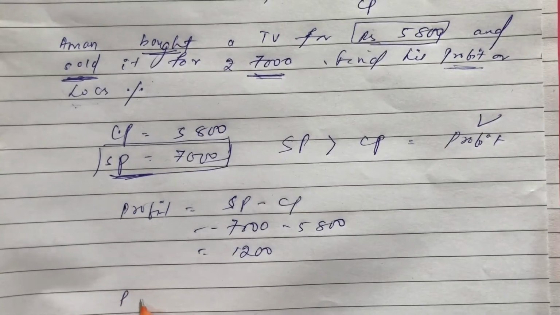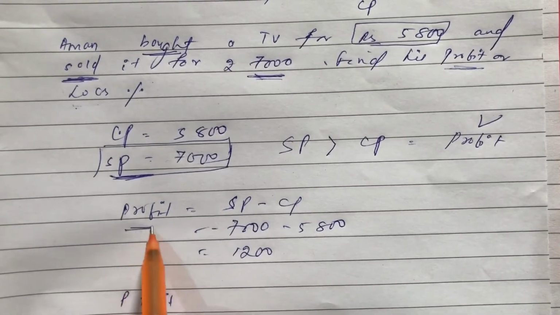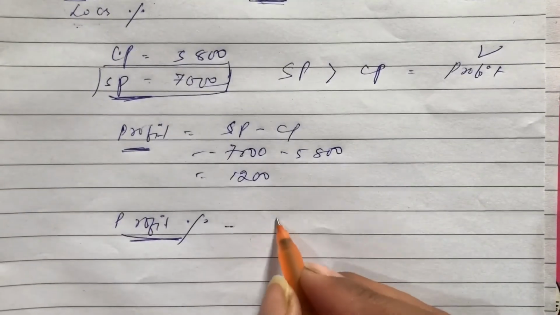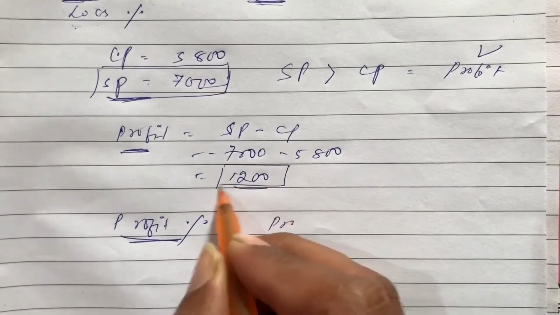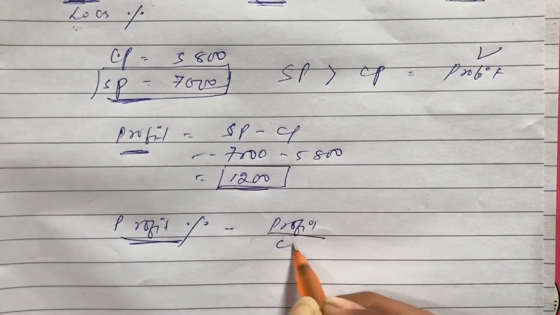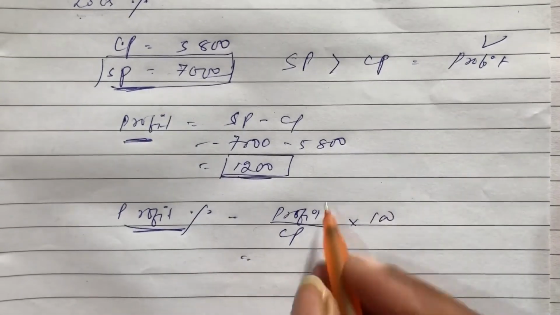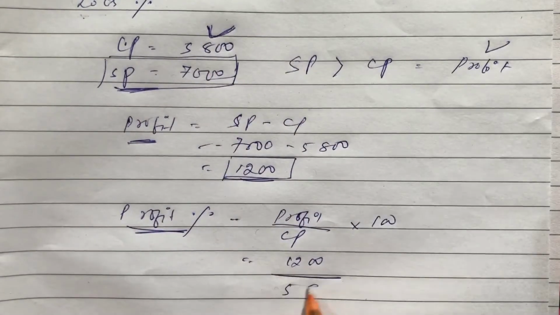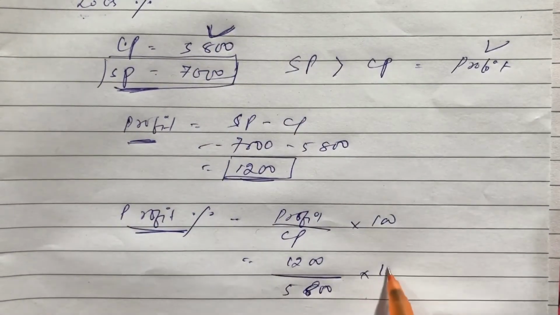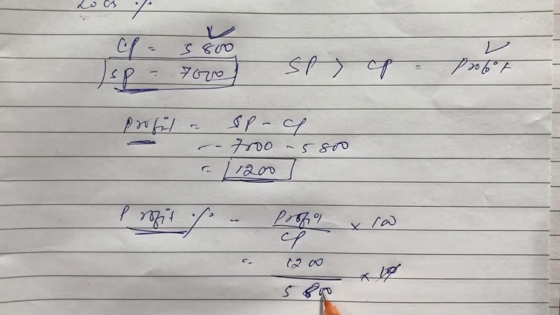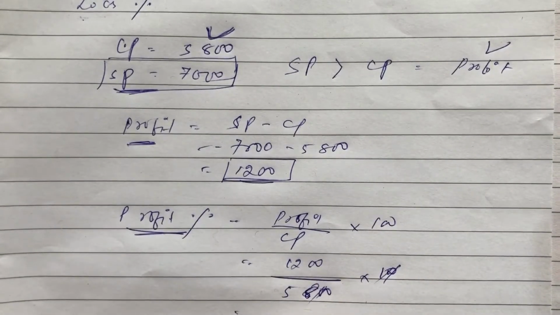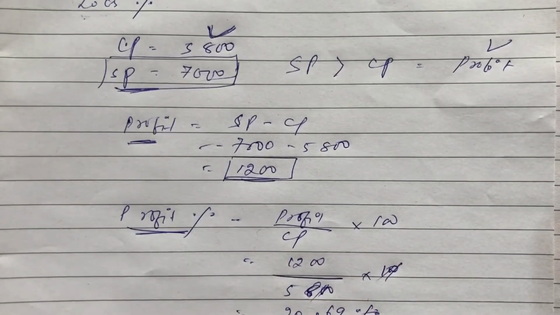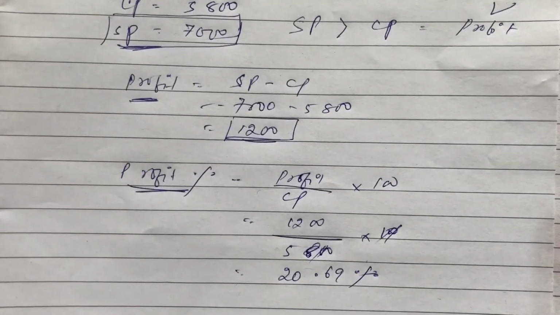Profit percent is profit by cost price into 100, that is 1,200 by 5,800 into 100. Divide it and you will get 20.69%, which is the profit percent. Understood? This is the way you have to solve.